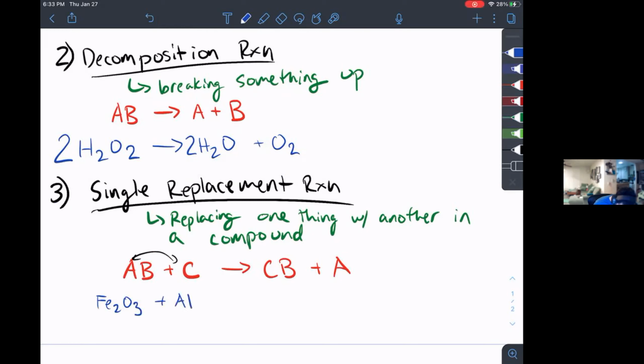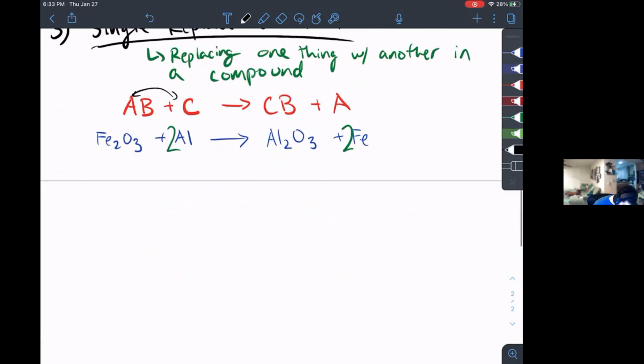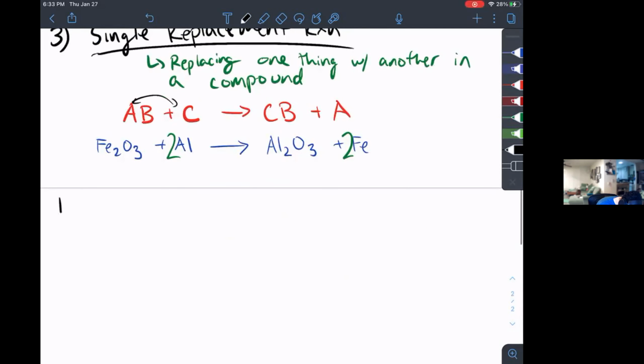We combine it with aluminum and a good amount of heat or energy, and you get Al2O3 plus Fe. And again, I'm going to go ahead and balance this really quick. Pretty simple balance.